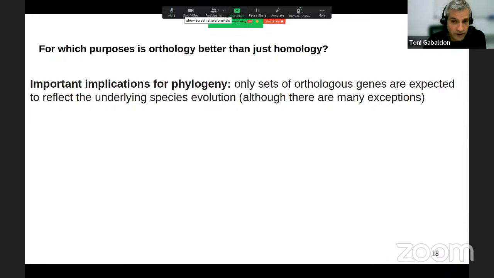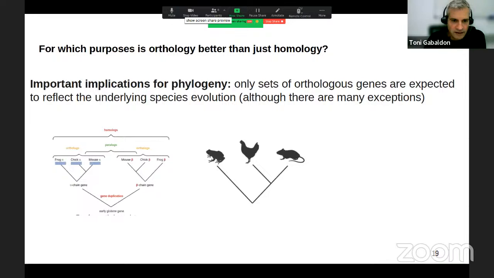Because they derive through speciation, only sets of orthologous genes are expected to reflect the species tree or the species divergence. Although I would like to remind you that there are some exceptions to this, for instance, horizontal gene transfer, hybridization, etc. But here is one simple example.